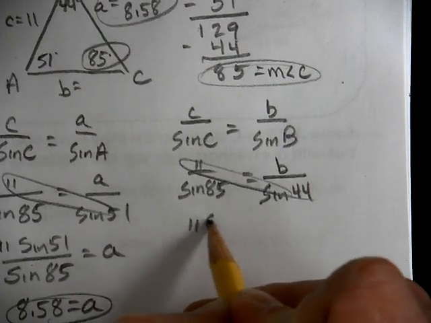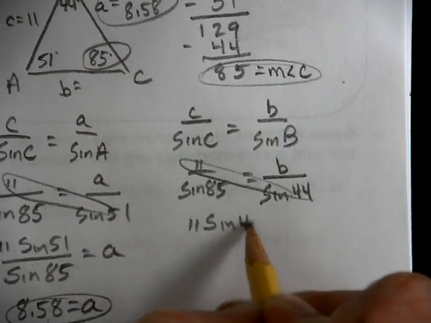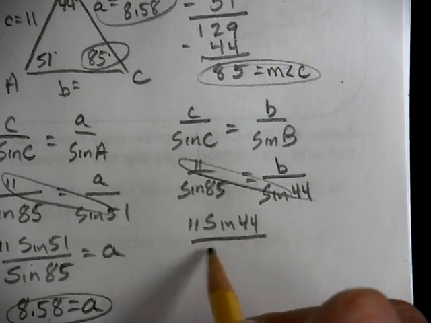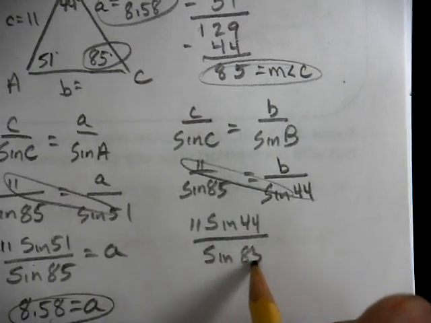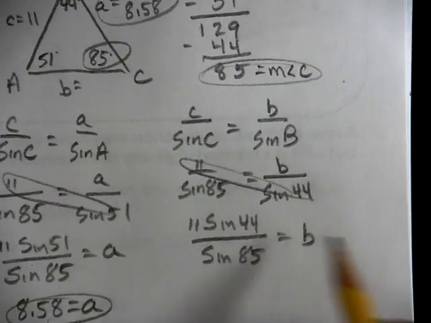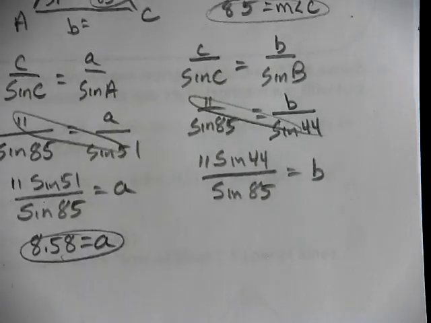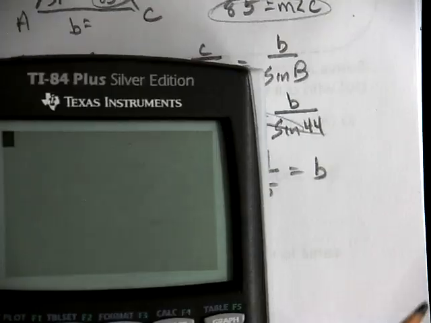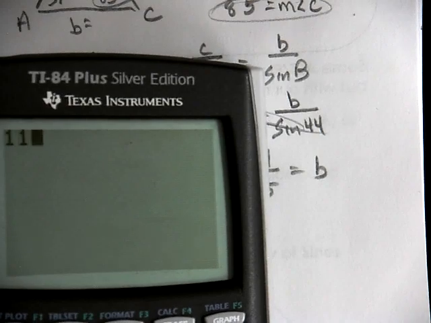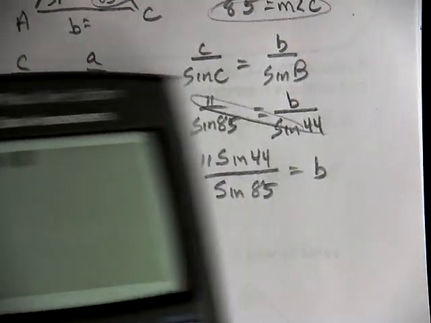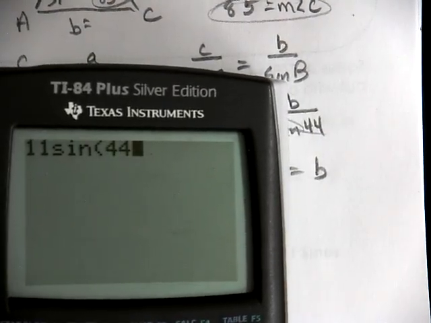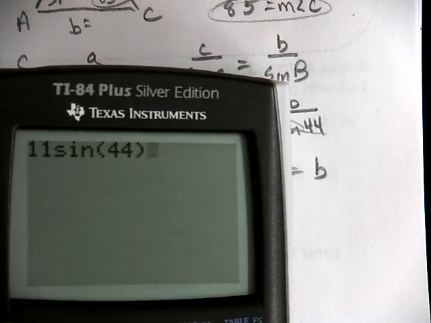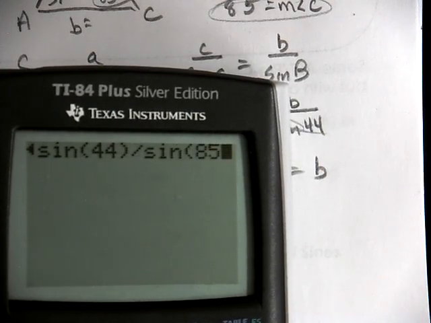That's 11 times the sine of 44 divided by the sine of 85. Order matters. So 11 times the sine of 44, close your parenthesis, divided by the sine of 85.